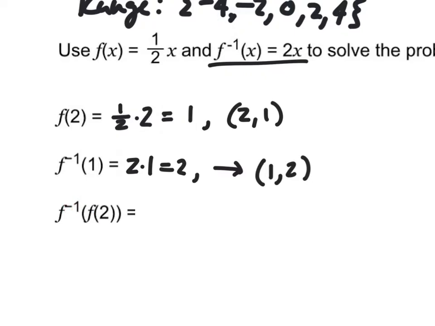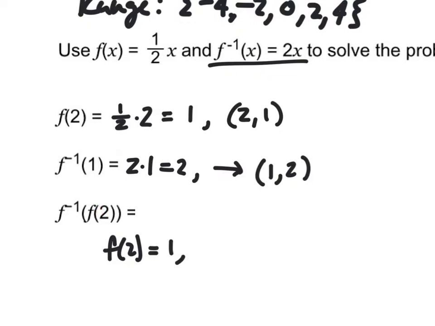So f of 2, and remember f of 2 is equal to 1. So really, if it wants me to do f inverse of f of 2, then I'm taking f of 2, that y value, which is 1, and then I'm plugging it back into my inverse.